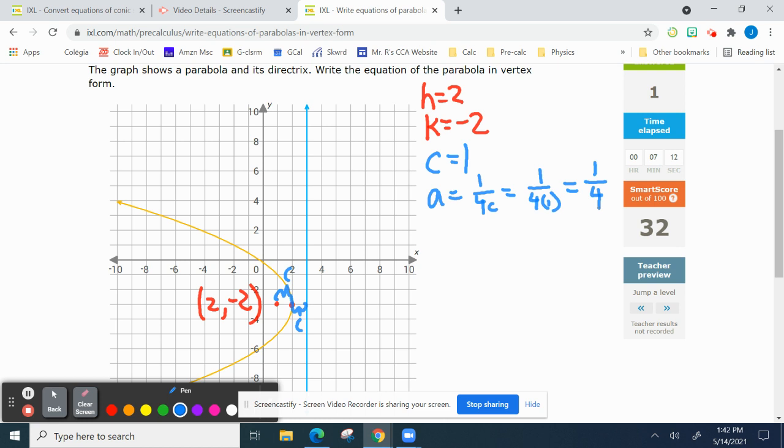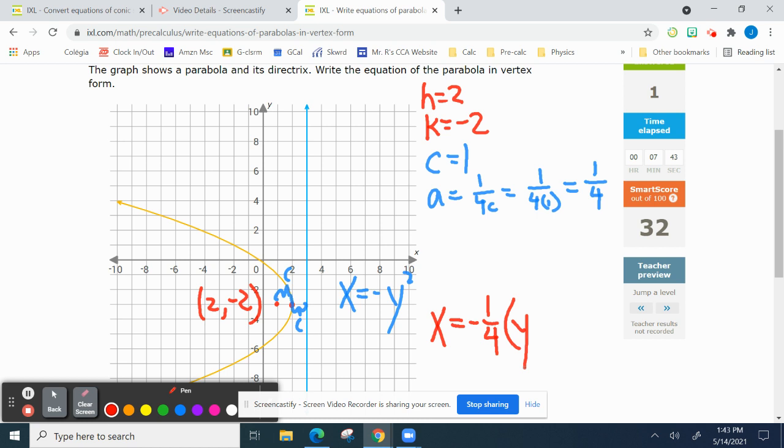Now we go back and look at it, and we notice that it is a left-right parabola, and it's open to the left. So that is going to be an x equals negative y squared style parabola. Now we're just going to write the equation. x equals, what's our negative, right? Because it's opening that way. And what's our a? 1/4.